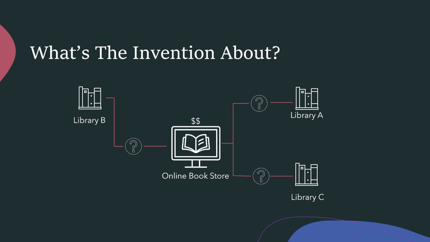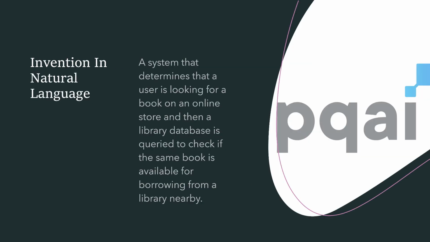So simple idea. And what I'm going to do next is, if I had this idea as an inventor, I would be able to write it down in terms of one or two sentences, and that's all I need to do a prior art search on PQAI.